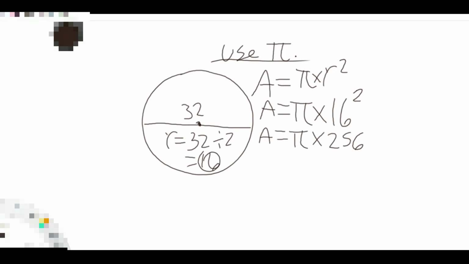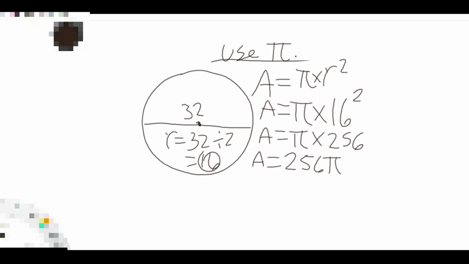And now all you have to do is area equals 256 pi. So this really means 256 times pi, but you could just write 256 pi.